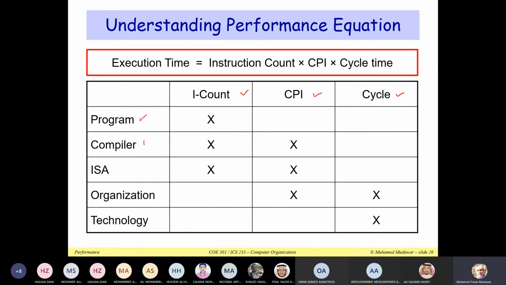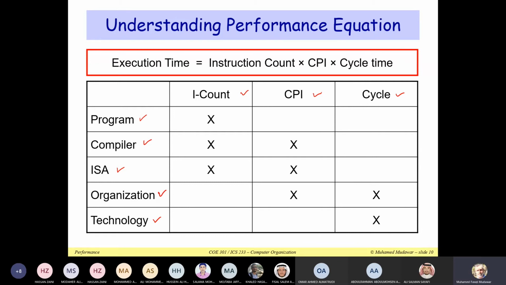So this is the program, this is the compiler, and we have the ISA, the instruction set architecture that defines the instructions that are implemented by the CPU and the hardware. We have the organization, which means how these instructions are implemented by the CPU. And finally, we have the technology, the transistors, and how fast these transistors can switch on or off. This is the technology that we have.